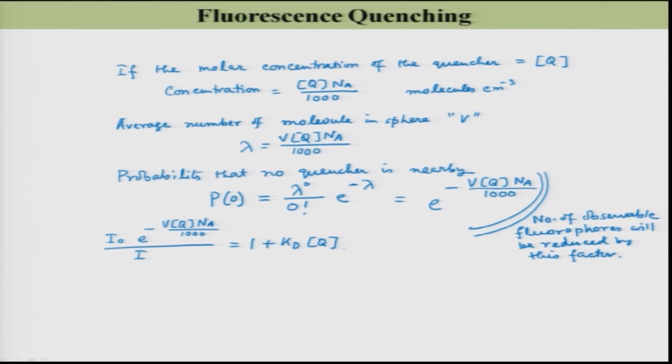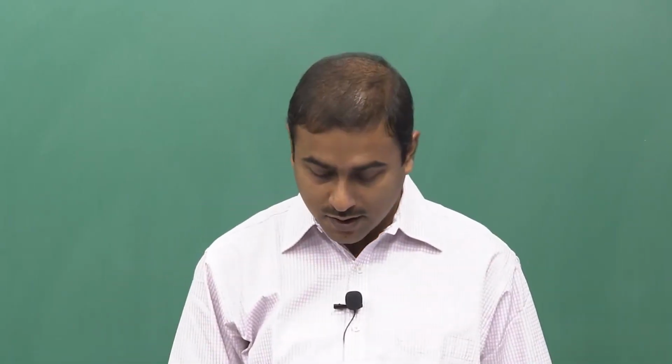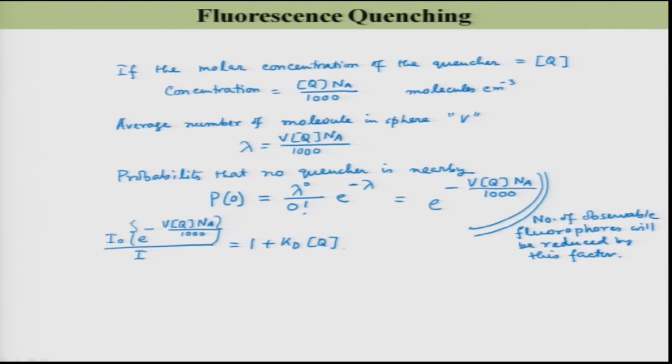So, the I0 is modified with this quantity, that is the number of observable fluorophores, because some others have the quencher in their immediate vicinity which immediately quenches all the fluorescence. So, those I should not take into account for my calculation. So, in this case it is simple.